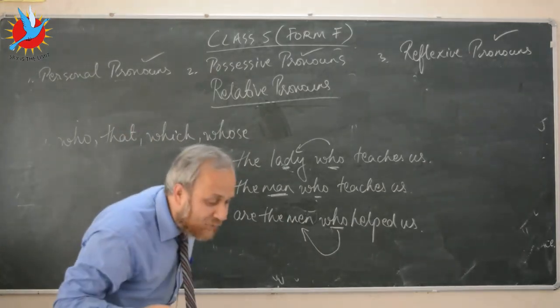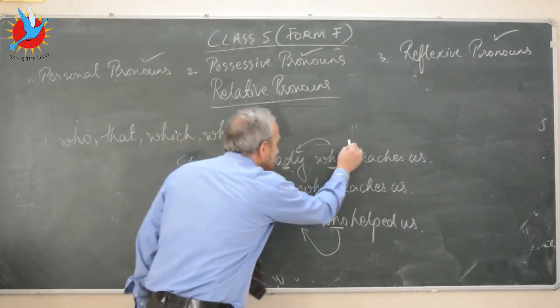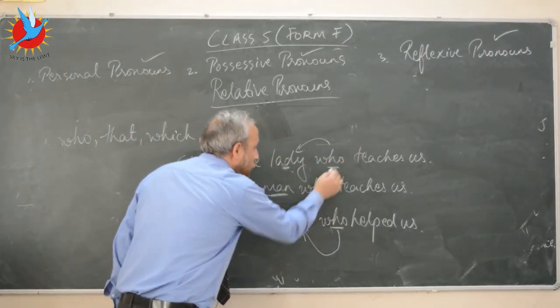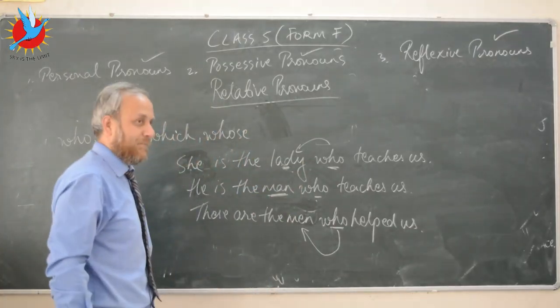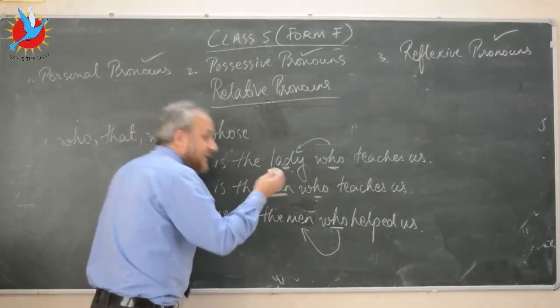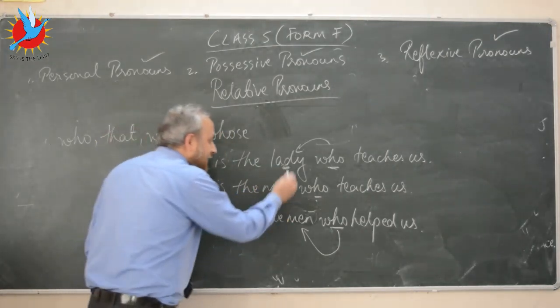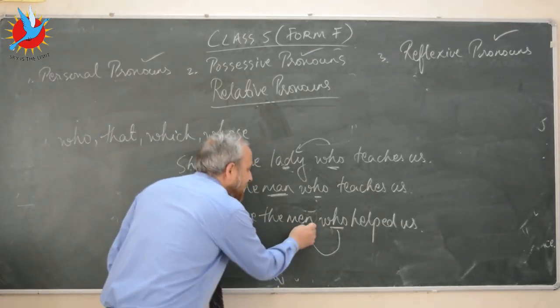So what is it that I'm trying to tell you? Well, kids, the form of the relative pronoun who has remained the same, despite it referring to singular nouns in the case of lady and man, and a plural noun in the case of men.